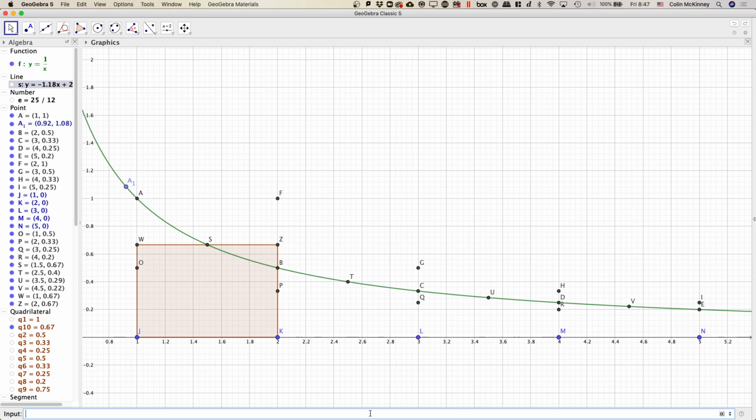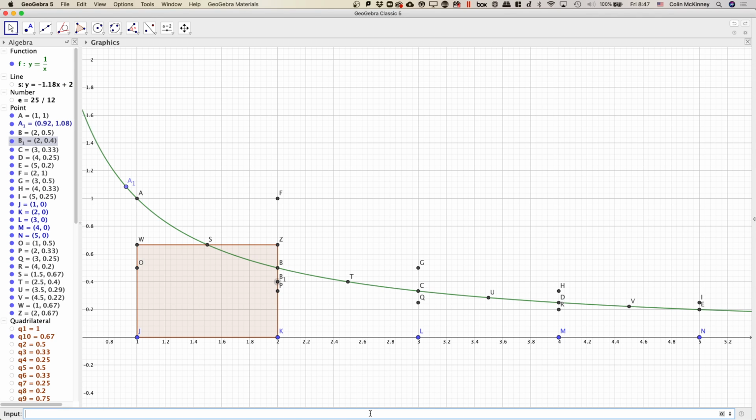All right, so I need to put a point at 2, f of 2.5, and 3, f of 2.5.